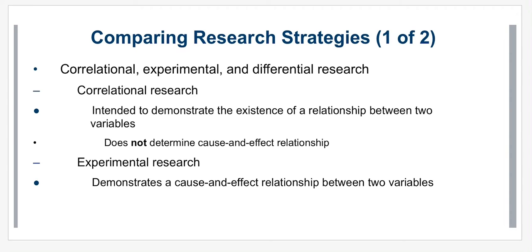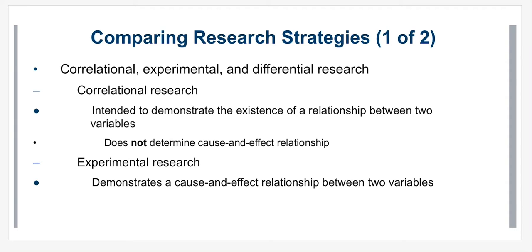And then they wanted to see if that was related to their GPA. So that correlational study found a relationship there, that the more time they spent on Facebook, the lower their GPA was. Now, that's just showing you there's a relationship there. As time on Facebook increased, GPA decreased. So there's a negative correlational relationship there.